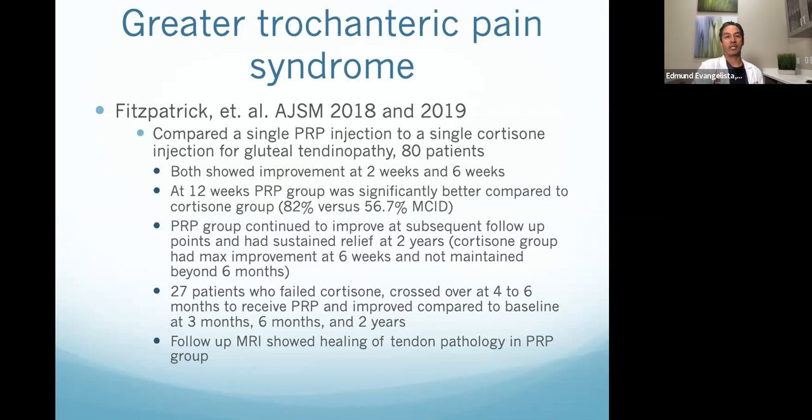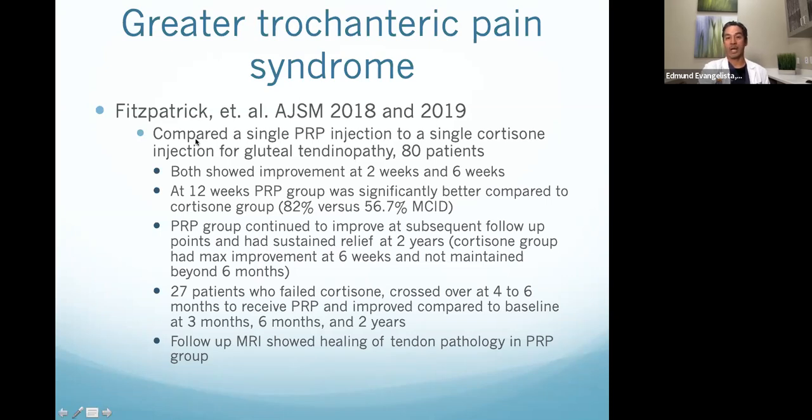Basically, she compared a single PRP injection to a single cortisone injection in 80 patients with gluteal tendinopathy. And again, it was a double-blind randomized control, so the patients didn't know if they were getting cortisone or PRP, and also the doctors didn't know if they were injecting PRP or cortisone. So very good, high-quality study.